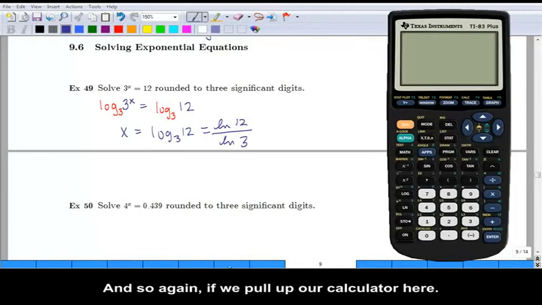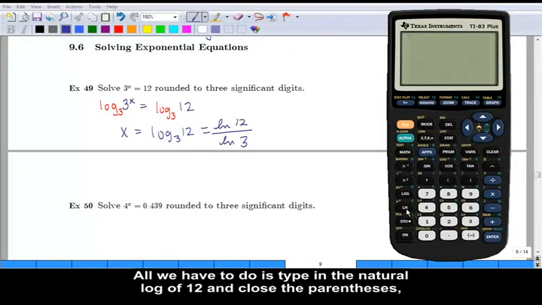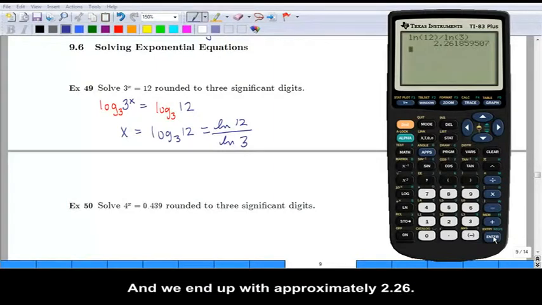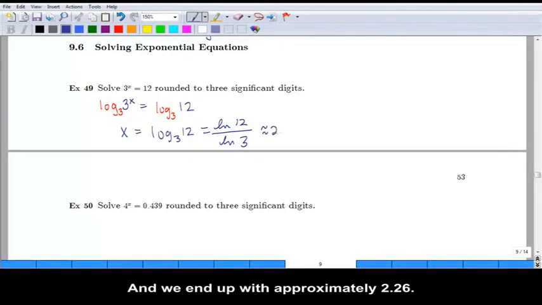If we pull up our calculator, all we have to do is type in the natural log of 12 and close parentheses divided by the natural log of 3 and close parentheses. And we end up with approximately 2.26. So that's one way you can go about doing it, is putting it into the logarithmic notation and then doing the change of base formula.